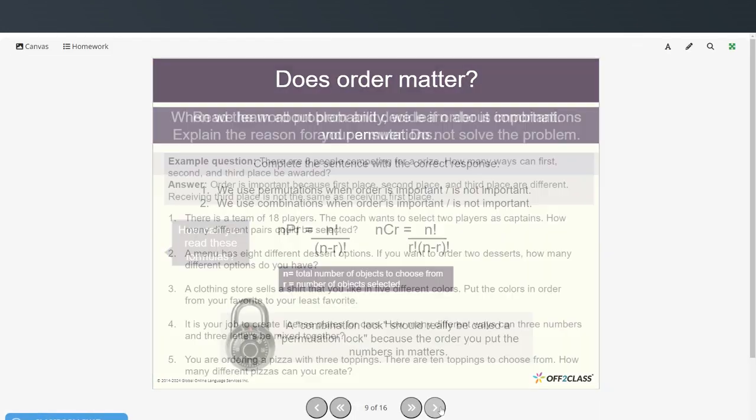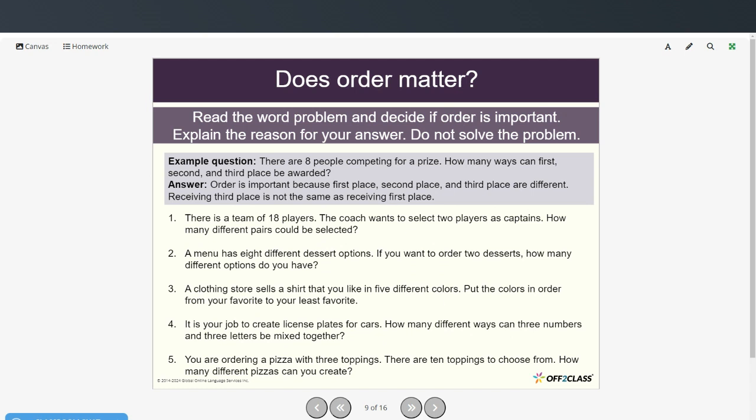All right, so next we'll continue to talk a little bit about order. So read the word problem and decide if order is important, and then explain the reason for your answer, but don't solve the problem. So the example question, there are 8 people competing for a prize. How many ways can first, second, and third place be awarded?